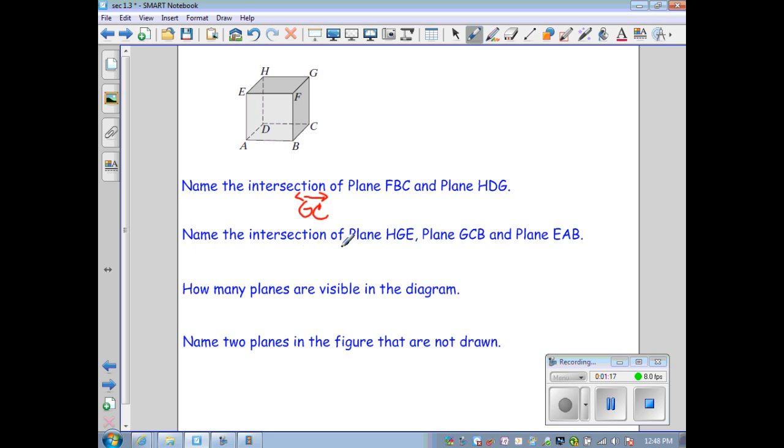Problem 2. Name the intersection of plane HGE, plane GCB and plane EAB.